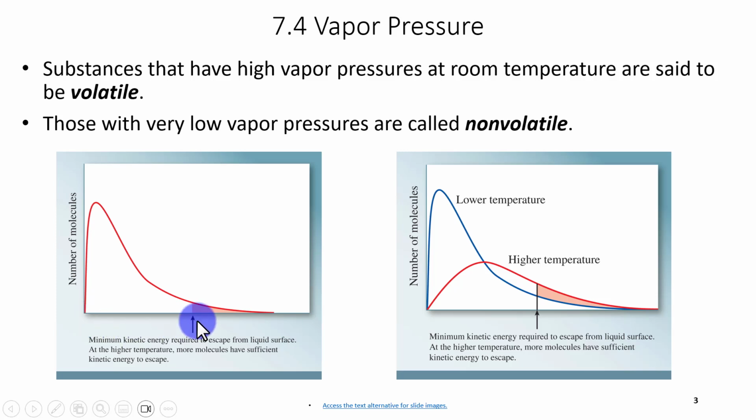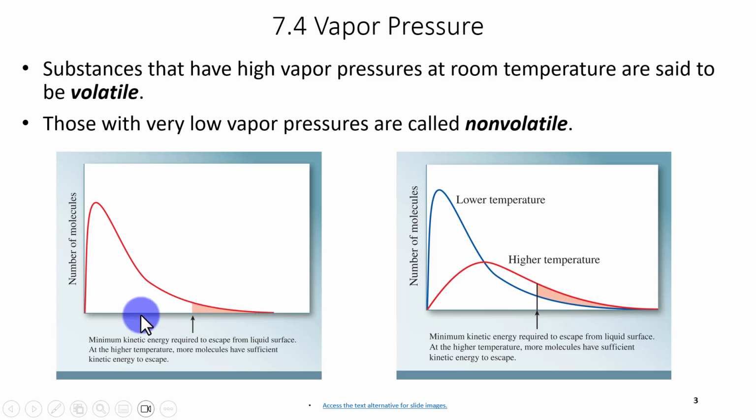Now, obviously the fraction of the molecules that have at least the minimum kinetic energy is going to depend on temperature. Temperature is kind of a measure of the amount of kinetic energy that a molecule contains.